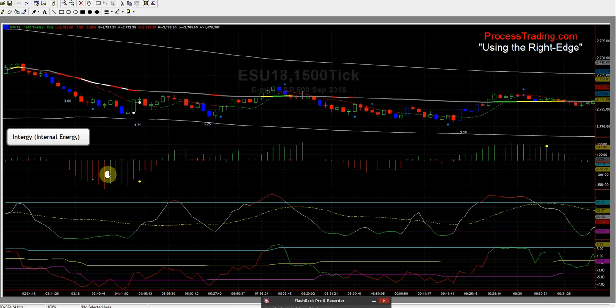And the internal energy, when the bars are green, that is demand, and when the bars are red, that is supply, and when the bars are gray, that is weakness. Now, for instance, you have demand coming in here, and then demand is getting weak. That doesn't necessarily mean there's supply right there.